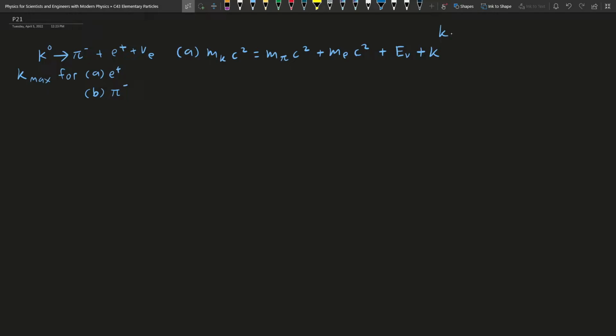We just let this K_max equal K. Now this E_ν is just the energy of this neutrino.